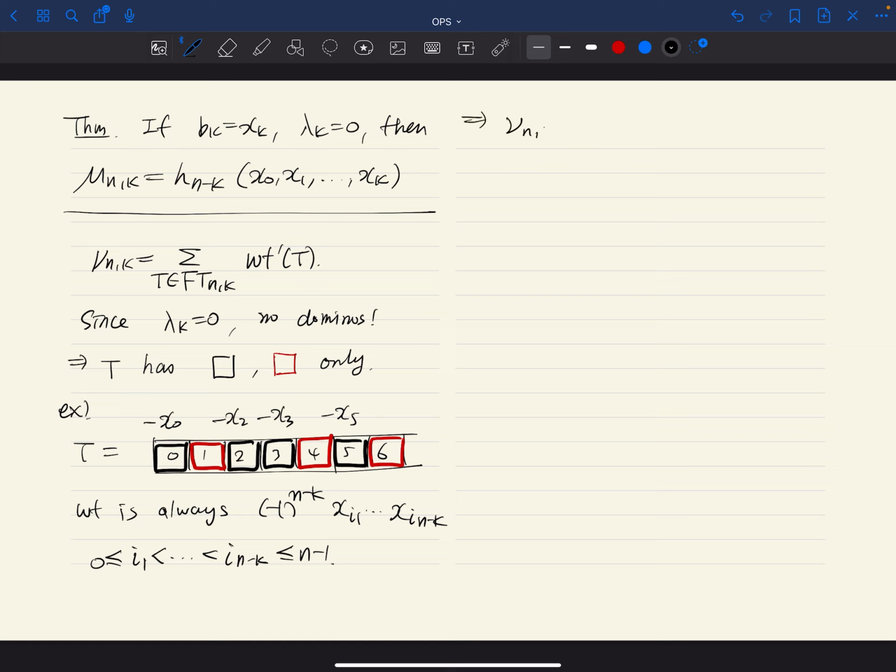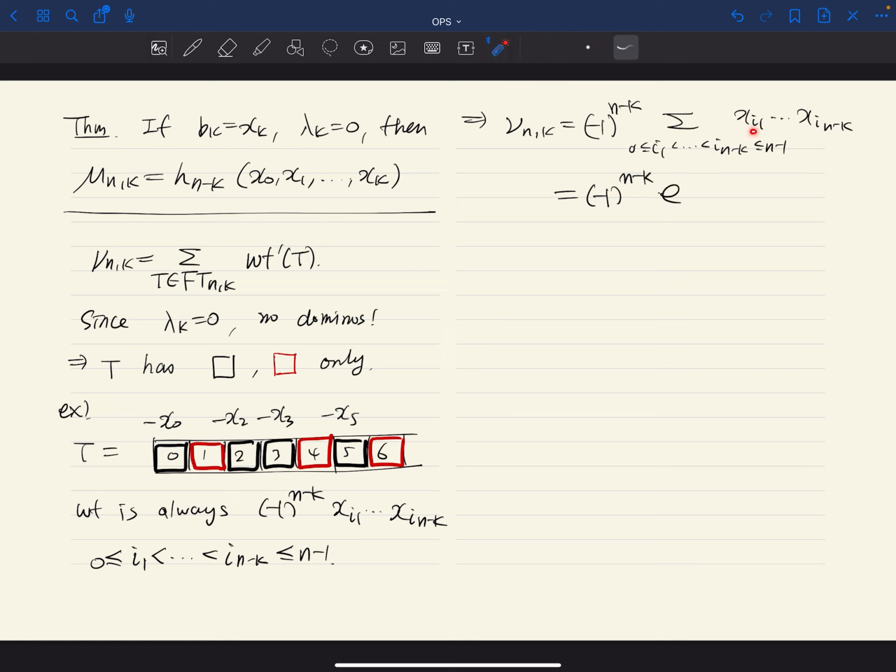That means nu nk equals minus 1 to the n minus k, times the sum over 0 ≤ i1 < ... of x_{i1} ... but if you look at this, you realize it is an elementary symmetric function, right? This is minus 1 to the n minus k, e.